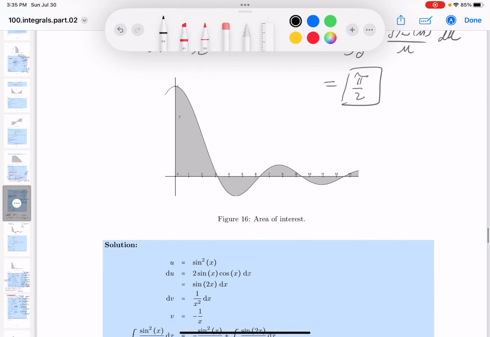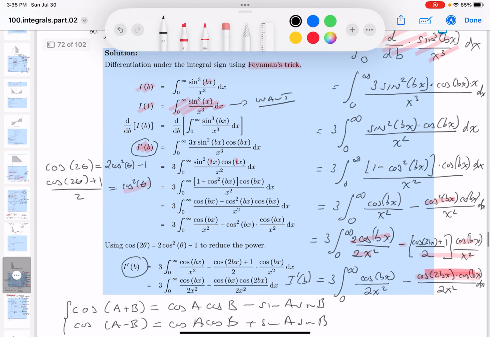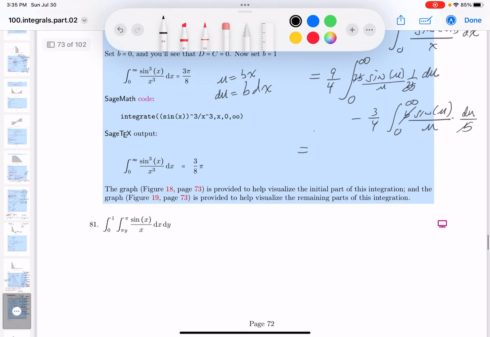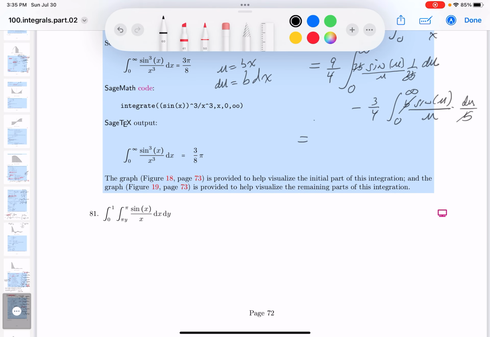I'm recognizing this guy, which is pi over 2. Let's write it down. And let's hope I didn't make an error. So this is 9/4 pi over 2 minus 3/4 pi over 2.